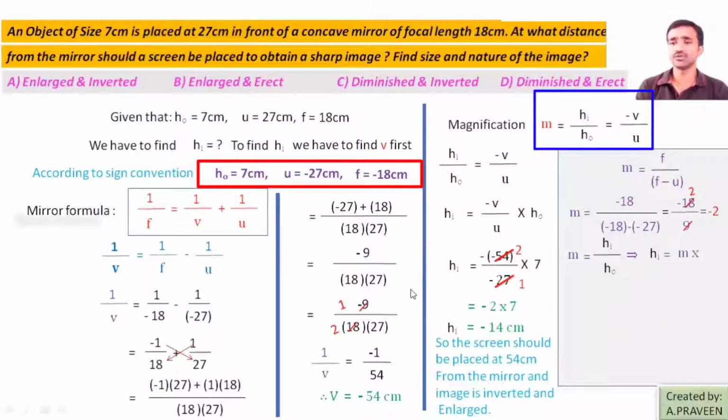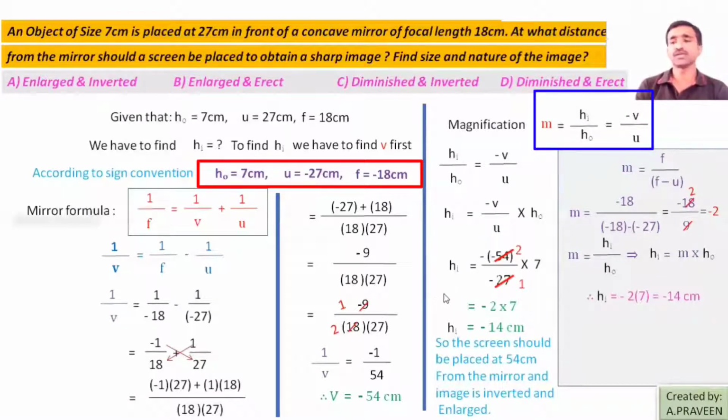This is the relation between the image height, magnification, and object height. So directly I am able to find the image height using Hi equals M into H naught. Let me substitute the values. Hi is equal to minus 2 into 7, which is minus 14. So the image height is minus 14 centimeters.